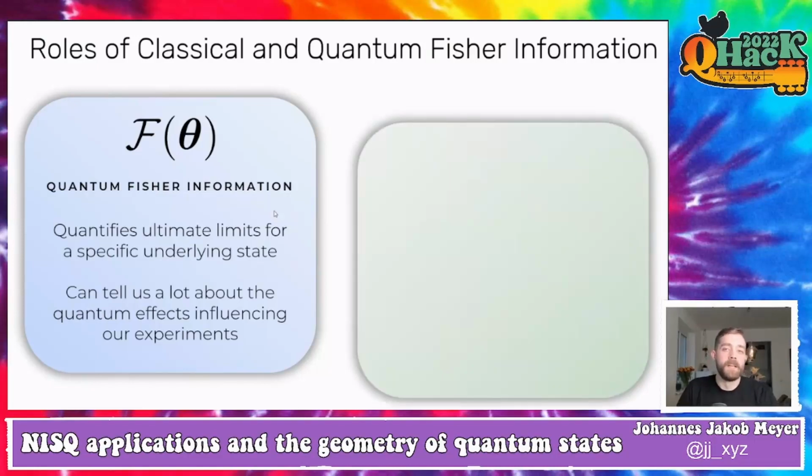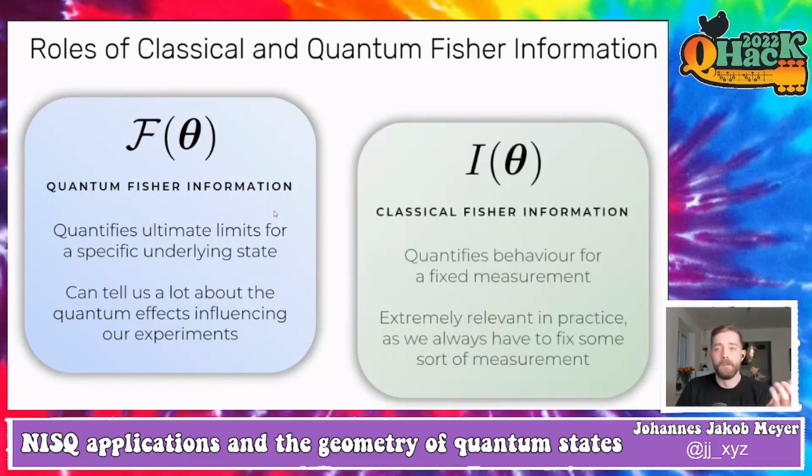On the other hand, we have the classical Fisher information, which quantifies the behavior for one fixed measurement. You can obviously optimize over measurements too, but you will never beat the quantum Fisher information. But this classical Fisher information is extremely relevant in practice because in the end, you have to measure something. You can't get around measuring anything.